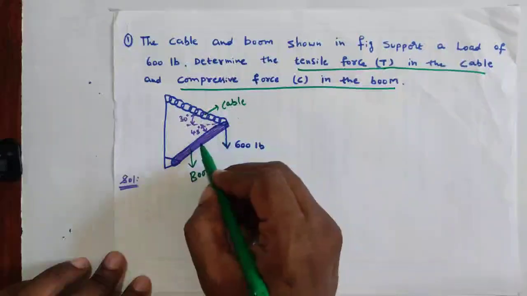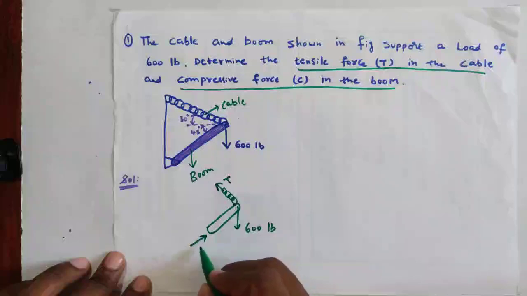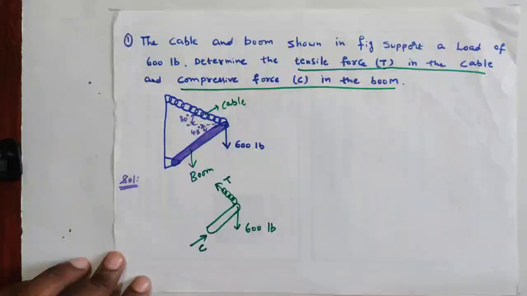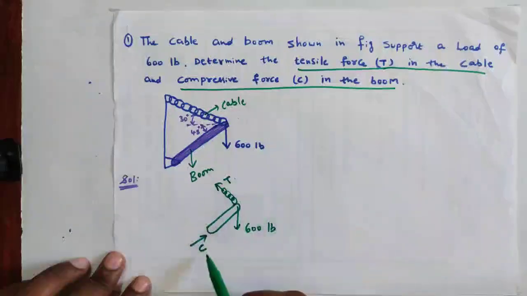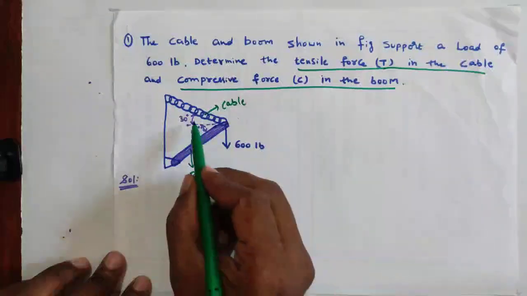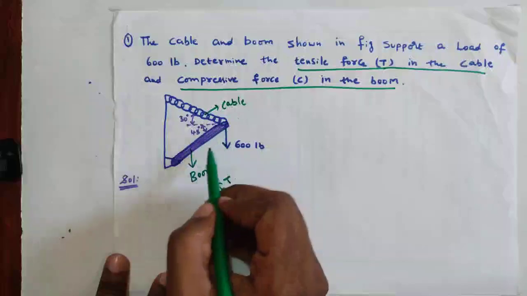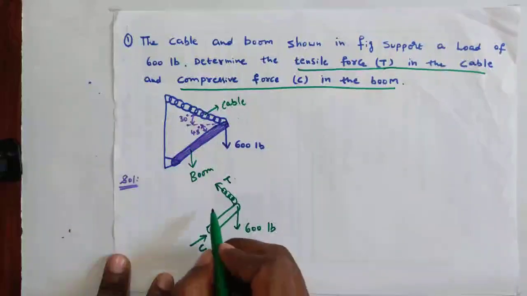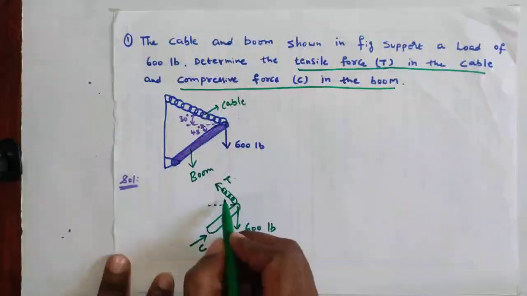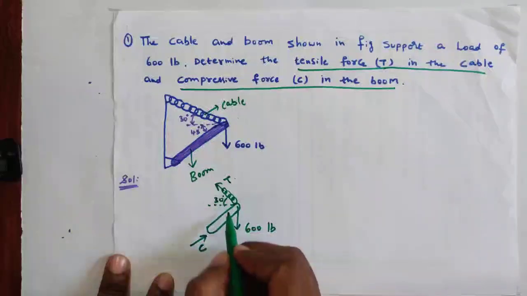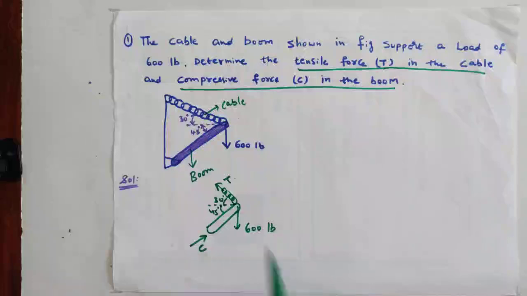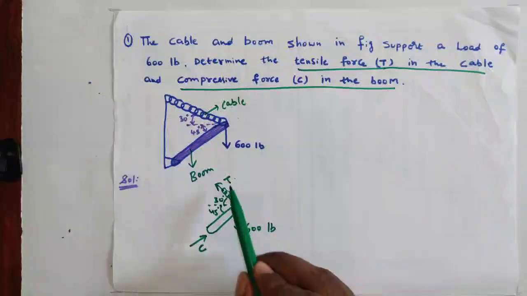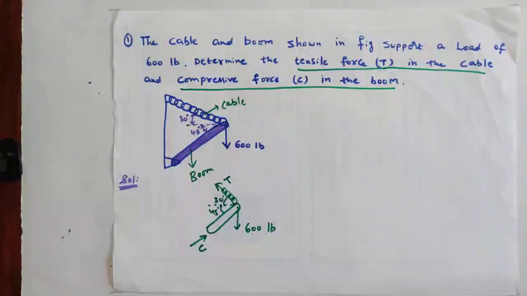If compressive force is acting, the reaction force will be like this, the compressive reaction force C. They are asking us to find the T value and C value, and they have given the angles, 30 and 45 degrees with the horizontal. These are the two angles and this load, and they are asking to find T and C. This is the free body diagram.